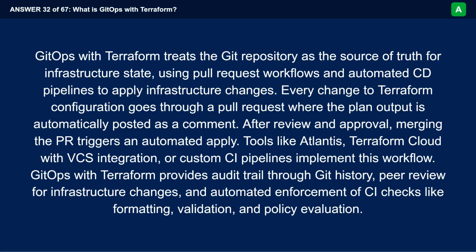After review and approval, merging the PR triggers an automated apply. Tools like Atlantis, Terraform Cloud with VCS integration, or custom CI pipelines implement this workflow. GitOps with Terraform provides an audit trail through Git history, peer review for infrastructure changes, and automated enforcement of CI checks like formatting, validation, and policy evaluation.